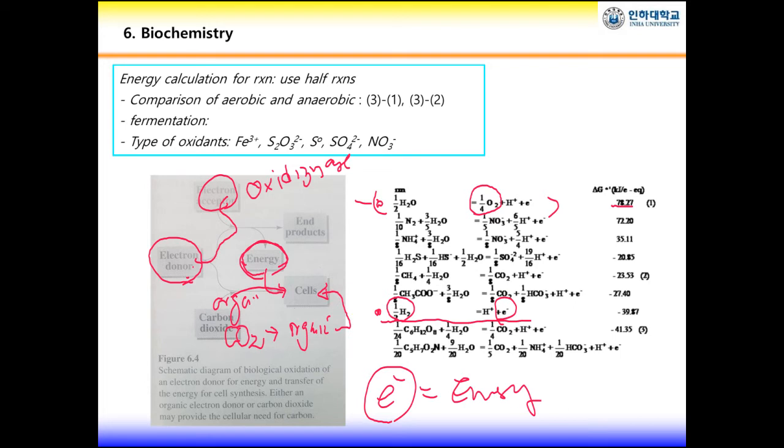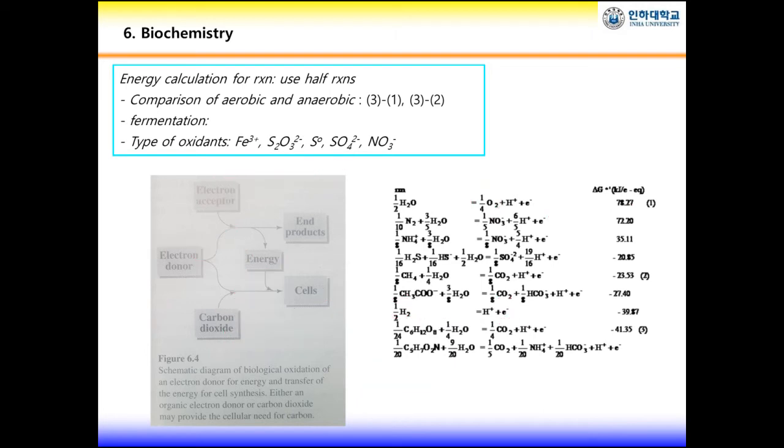So a part of the electron donor is used for the production of energy, and part of the electron donor is used for the cell synthesis.